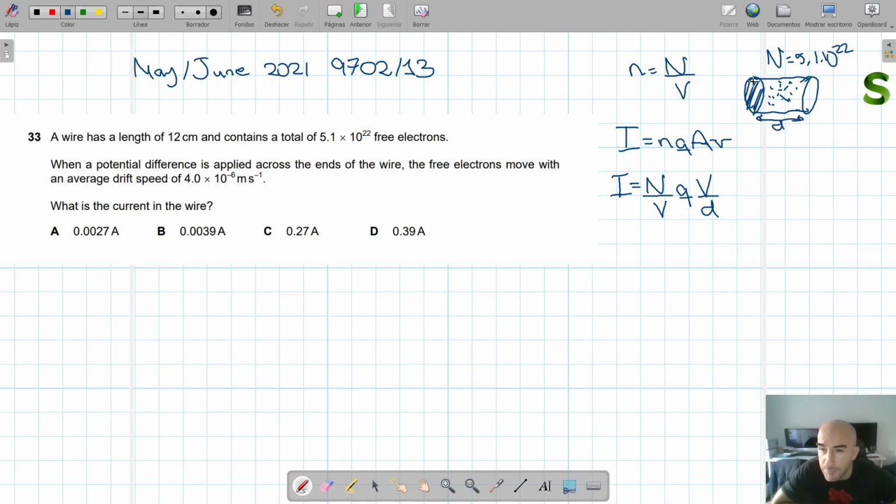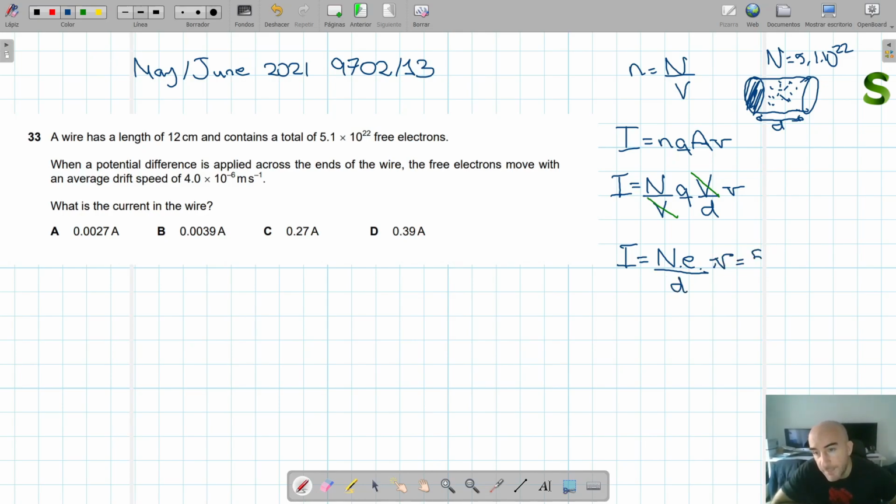So I'm going to express that area as the total volume divided by the distance, and the drift velocity. As you see, we can cancel the volume, and now we have that the current equals the number of charges times e, the charge of the electron, divided by the length times the drift velocity. And we have all of these.